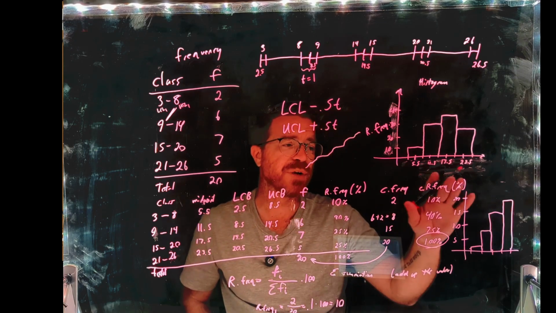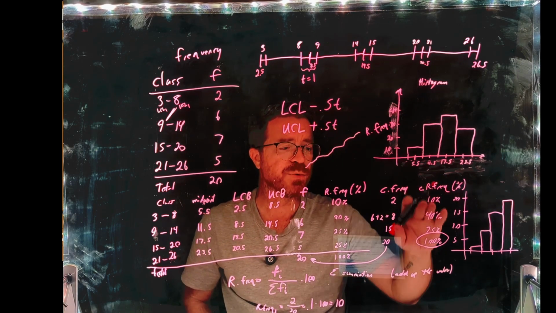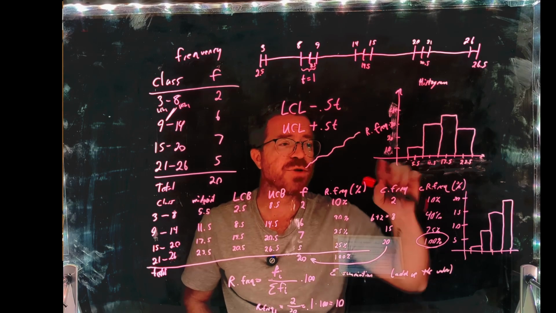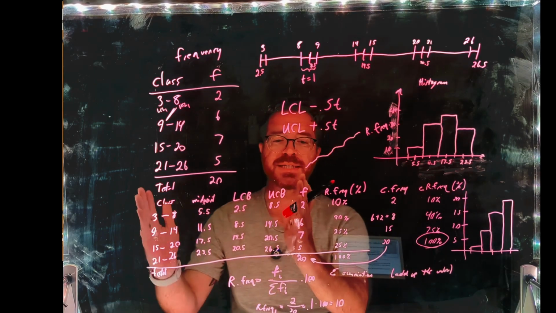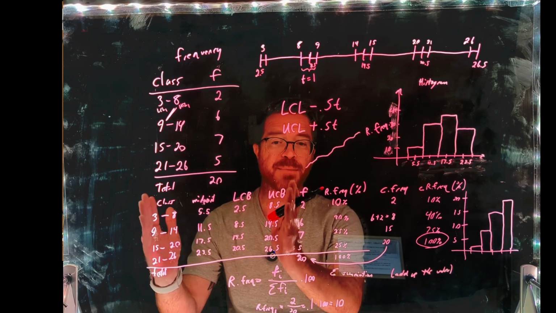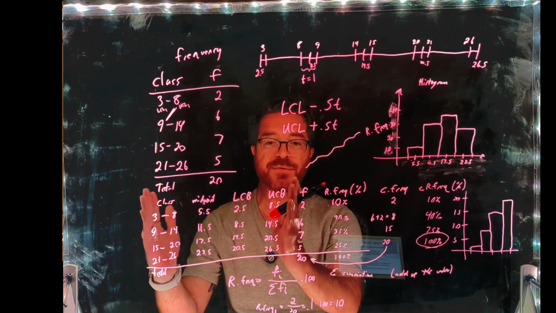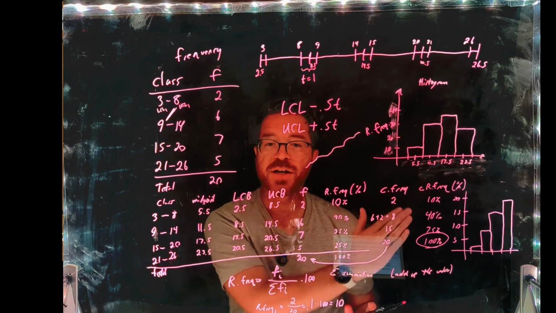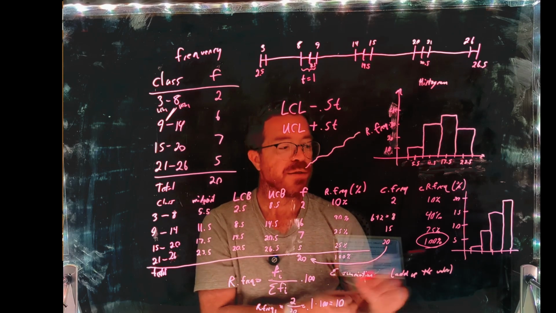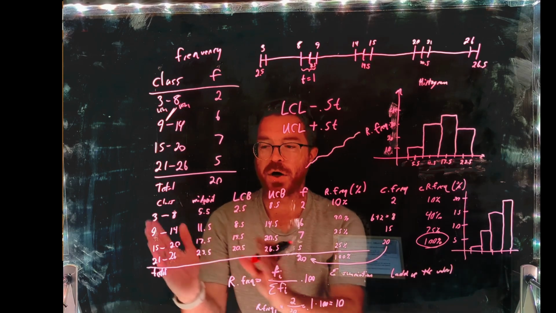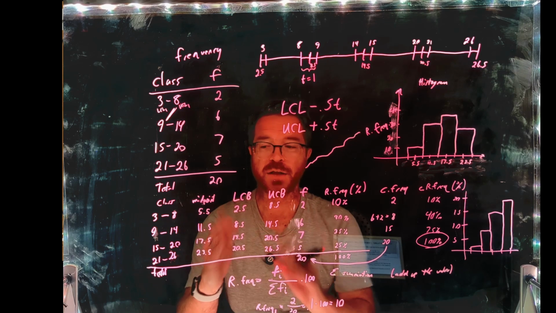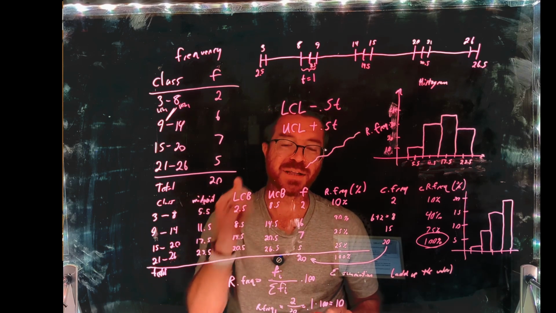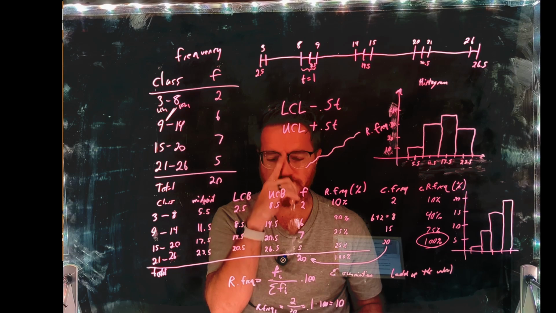Or we could do a cumulative relative frequency histogram, where, again, your y-axis would change. So notice our x-axis never changed, which is why when I rewrote this table, I didn't start by putting the frequency, because you don't need the frequency until you're actually trying to figure out things with your frequencies. This x-axis is based on just your class intervals, and from that, you can figure out your midpoint, your lower class boundaries, and your upper class boundaries.